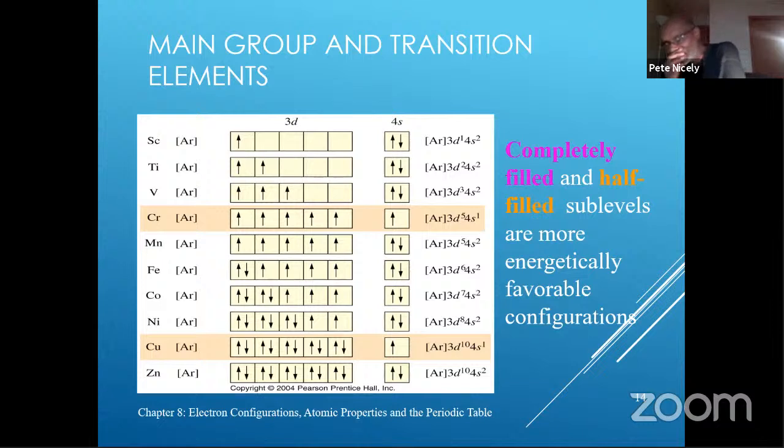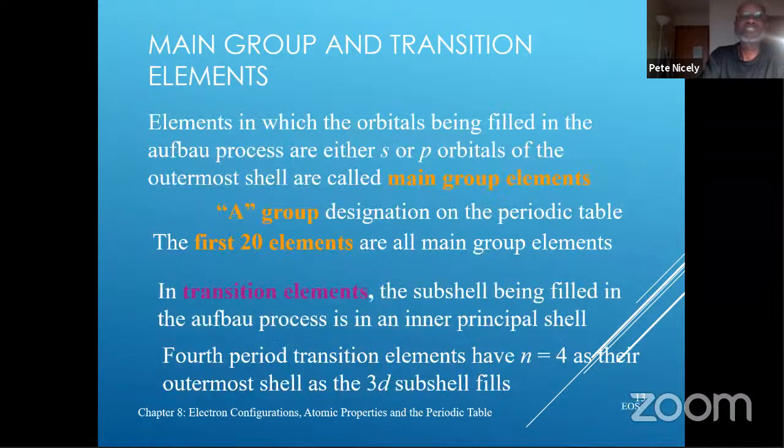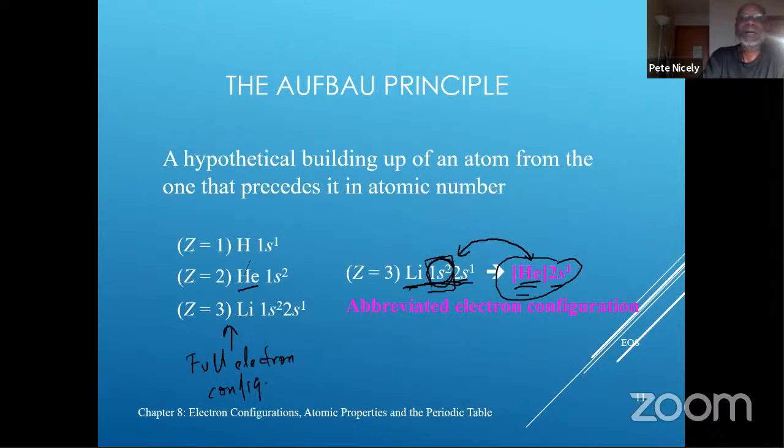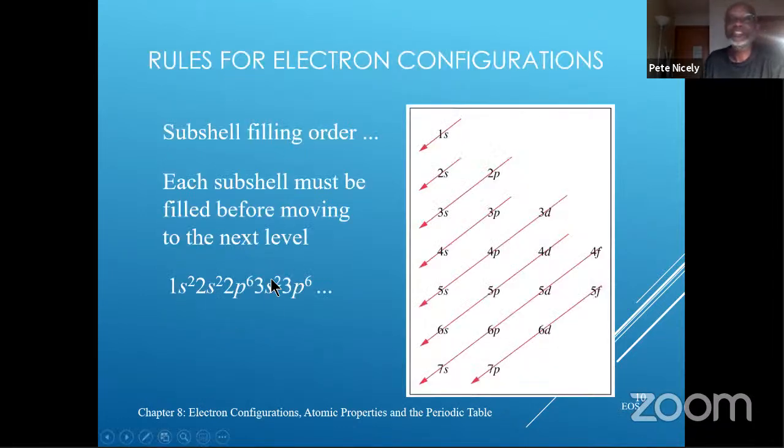Now, let me just say something here, because in actual fact, this diagram has the incorrect order of the 3d and 4s sublevels. And let me explain what I mean by going back to a previous slide. You'll notice, as I said before, you follow the arrows from tail to head to get the order of the orbitals.